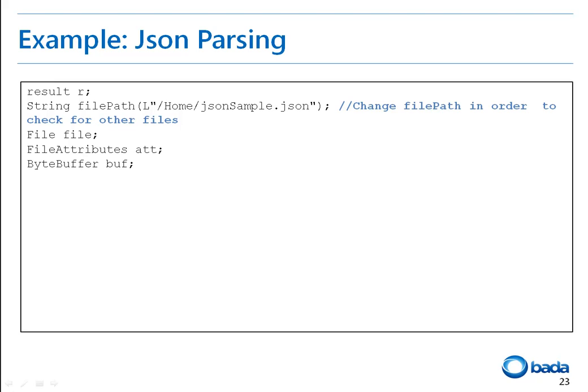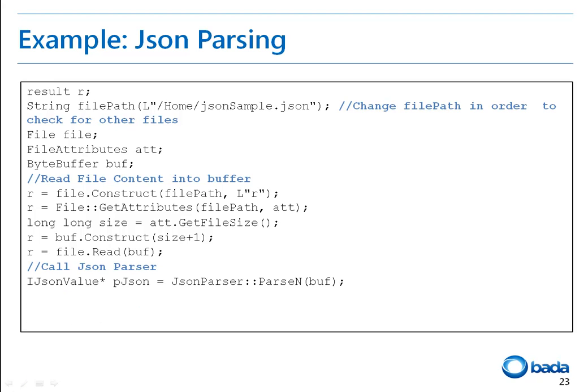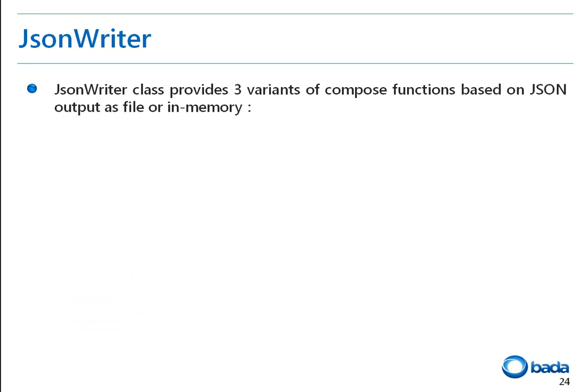Now, let's go through an example to parse a JSON item. The steps involved are create and initialize the file and buffer object. Then, read the file content into the buffer. Call parse_n of the JSON parser and traverse the nodes to retrieve the data.